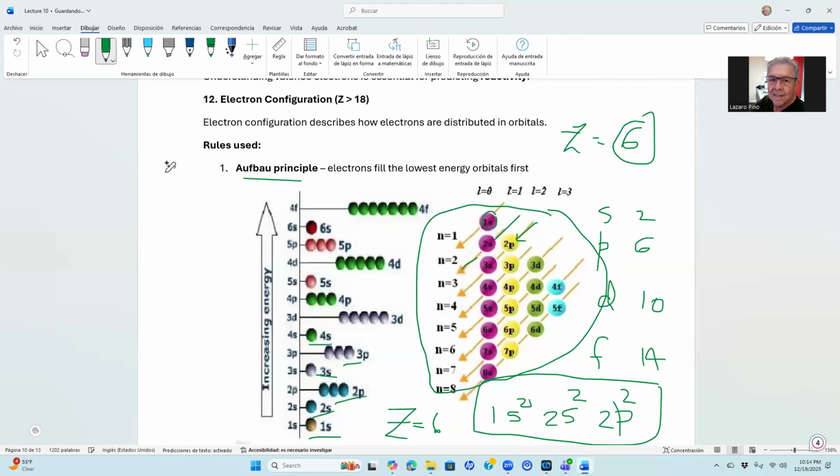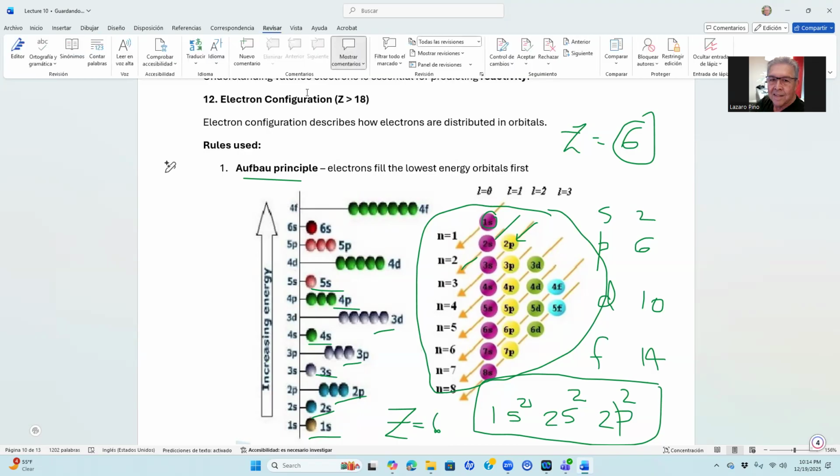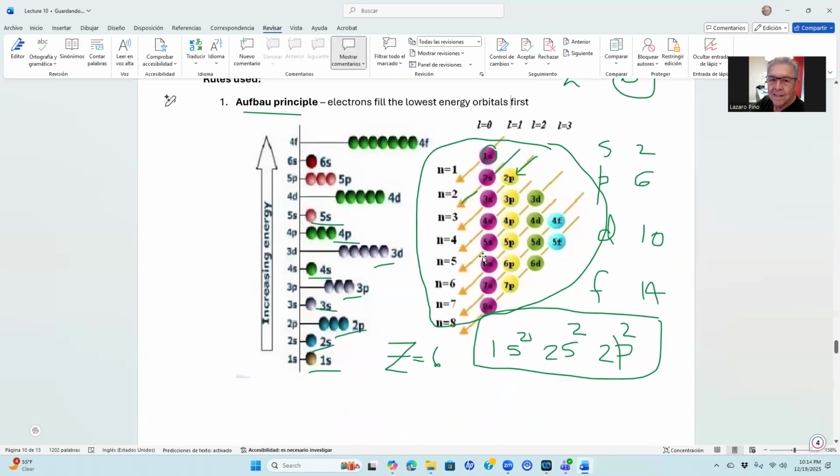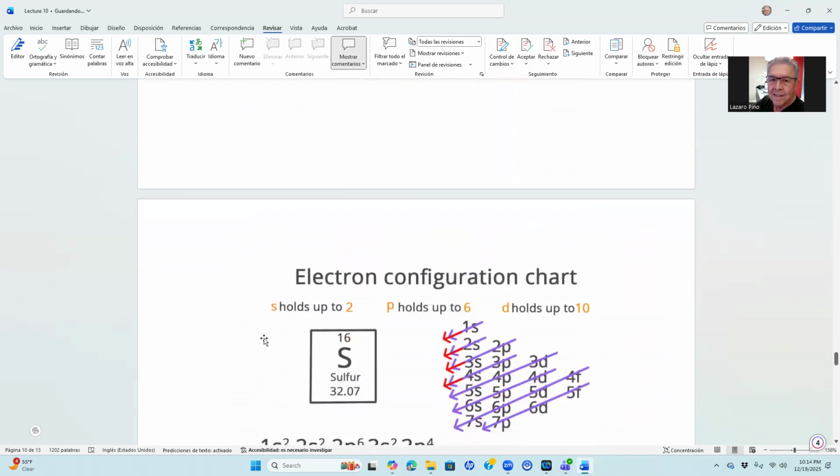You have to fill the electrons following the increasing level of energy. The Aufbau principle is very important. Okay, stop the video. You can make this graph in order to do the exercises.